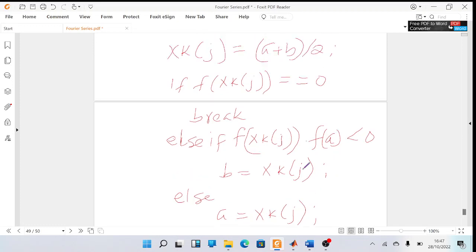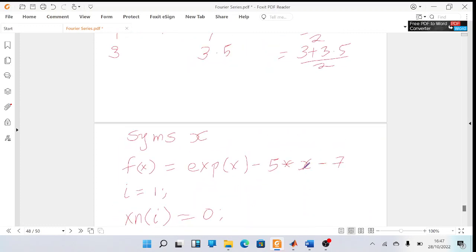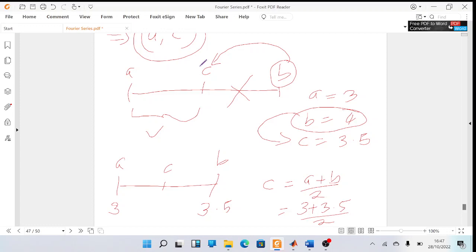So notice what we are saying here, like we had said earlier, that if we identify that the root lies between a and c, then we discard this interval. We move b to c, so that our b now becomes 3.5.